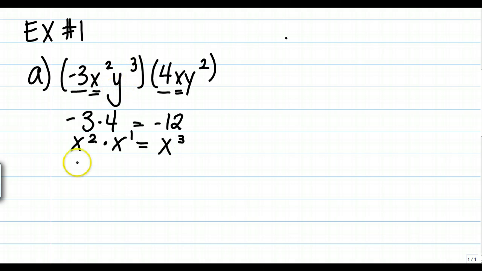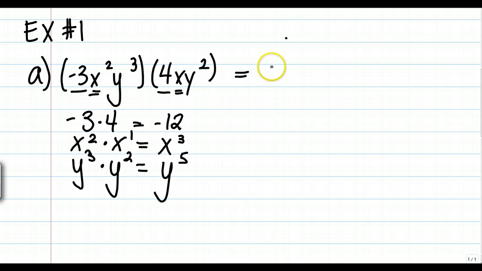I have a y to the third times a y squared. Again, this is law number 1, so I add my numbers together. 3 plus 2 is 5. So my final answer would be negative 12 x to the third y to the 5th power.